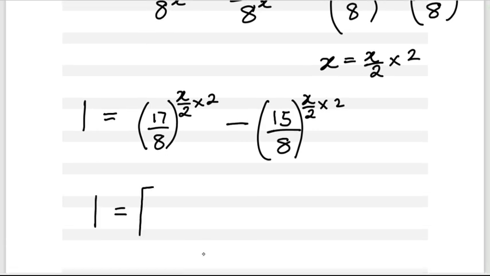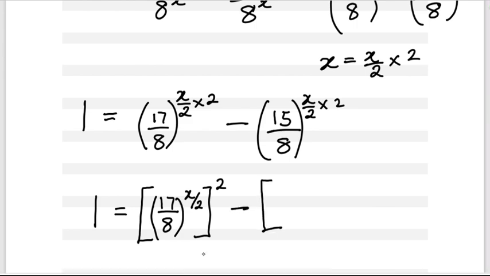and this is simply ((17 over 8)^(x over 2))^2 minus ((15 over 8)^(x over 2))^2.